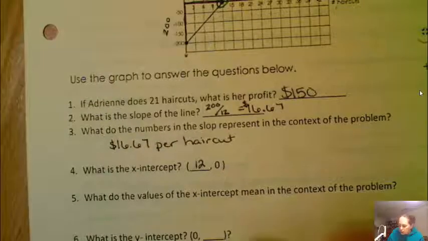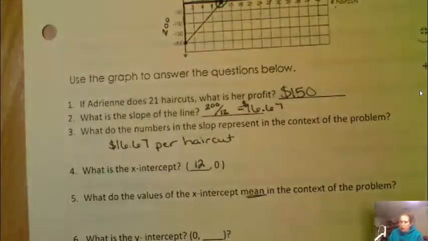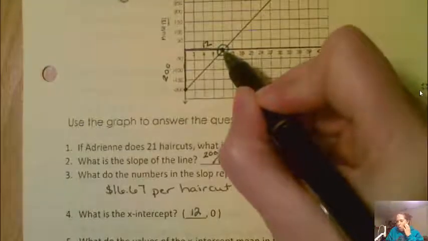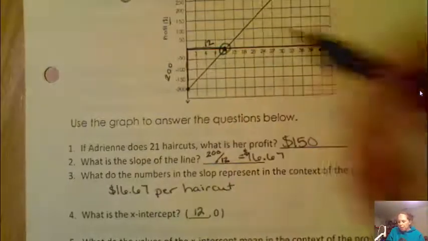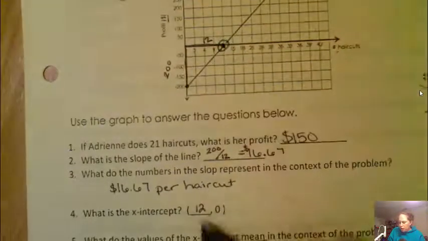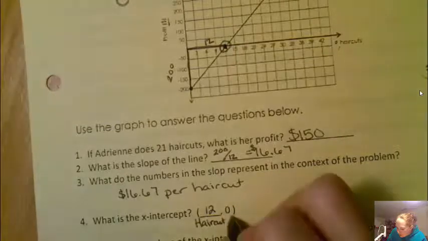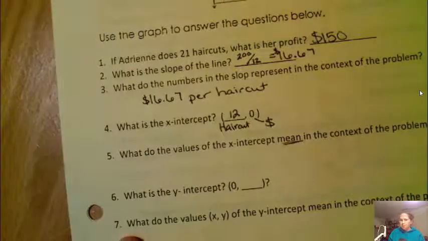So the next question is, well, what do the values of the x-intercept mean in the context of the problem? I want you to tell me, what does this point have to do with Adrienne? Why is it important? How can you have 12 haircuts and $0? How is that possible?